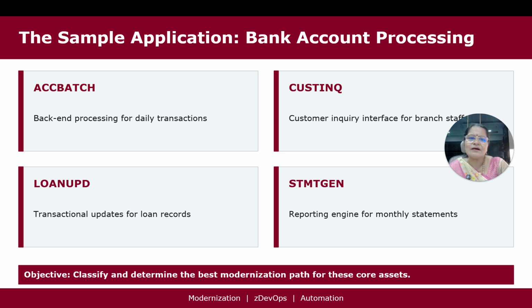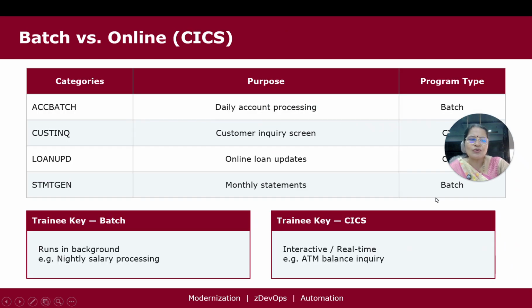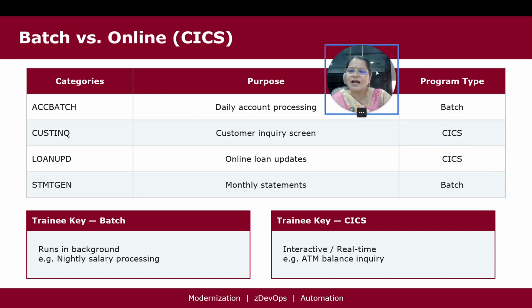These are the broader categories of the application which we worked on. Daily transactions are batch oriented, scheduled through JCLs. There are loan related, customer related, or user interface related transactions, which are CICS based screens. And there is another category, the report generation module. So there are pure batch and online.